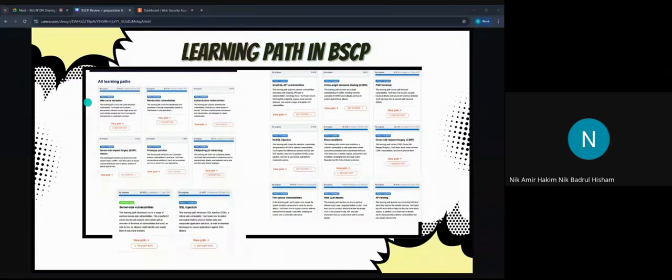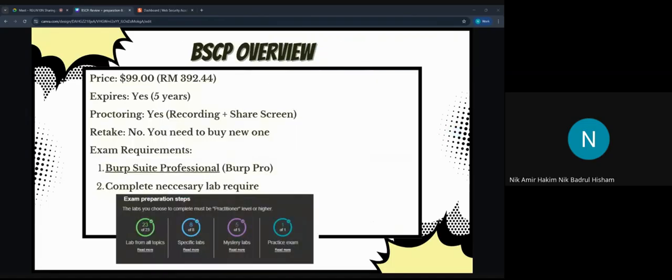I don't know if you can see or not. For example, here they have up to 29 labs, and these are the labs that you need to do hands-on when you learn the theory. So this is the overall overview of the BSCP.